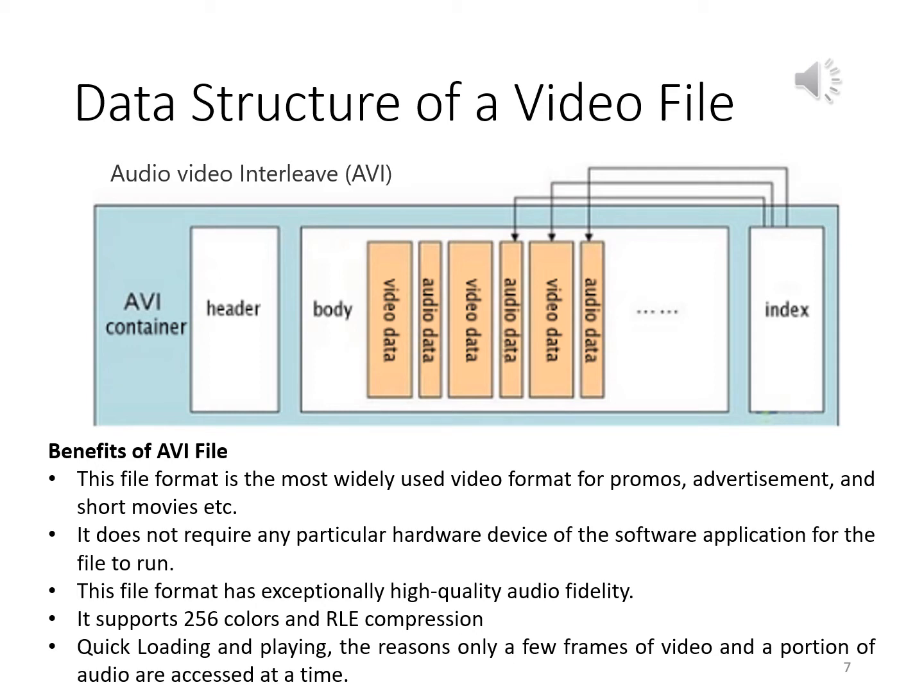Okay, now let's look at an example. This is an AVI video container. This video container consists of a header, body, and index. In the body, we find that there are many small parts of video data and audio data. A small part of video data consists of a few frames of video information, same like the audio data.